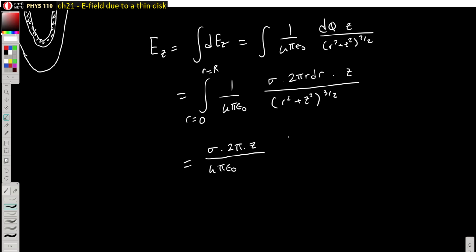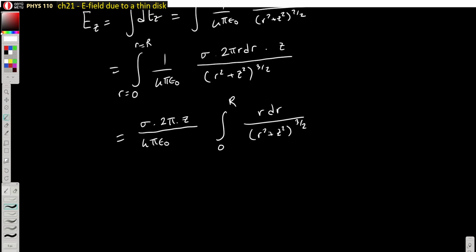That's it. And then we have an integral from 0 to capital R of r dr divided by r squared plus z squared to the power 3 over 2. Okay, so the rest is calculus now. And then at the end we are going to summarize the results.